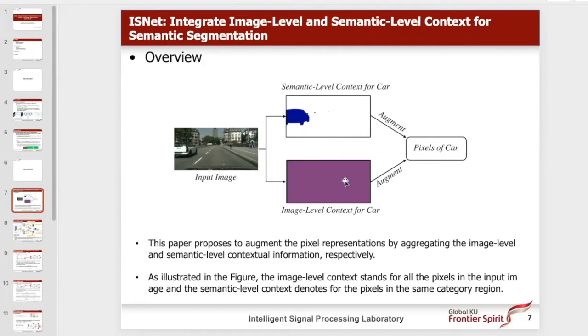No. Image level means we take them equally. We treat every pixel equally when we send the image to the network and get the representations. We treat them equally.